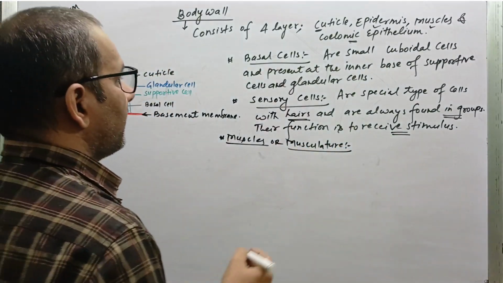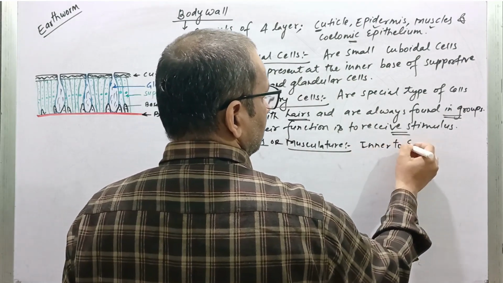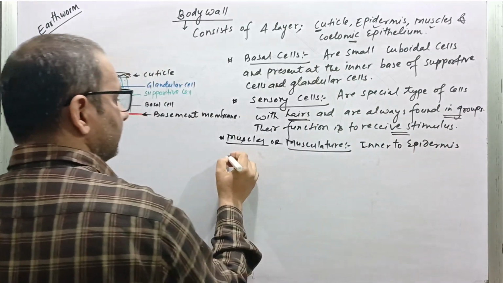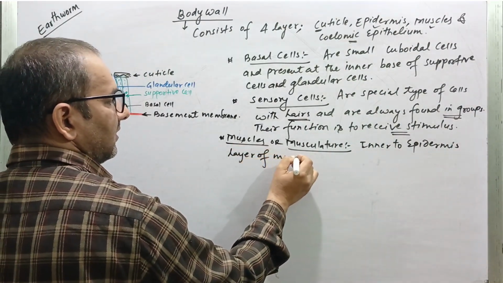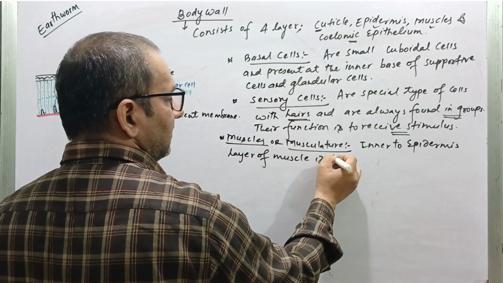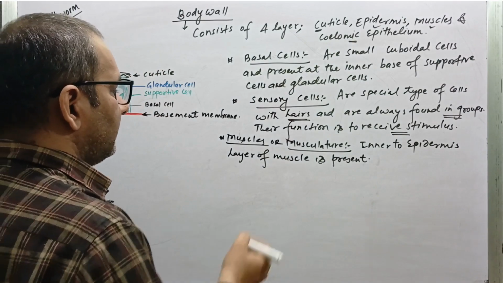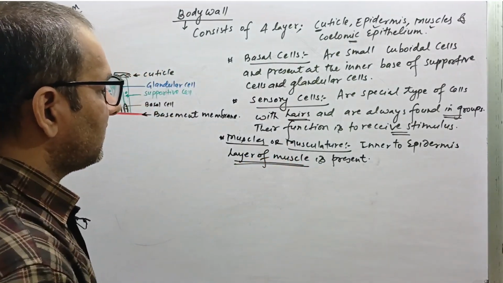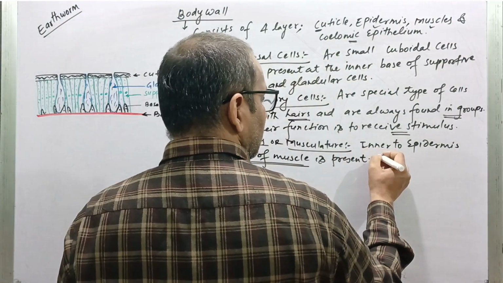Inner to the epidermis, a layer of muscle is present and the layer of muscle remains differentiated into circular muscle and longitudinal muscle.